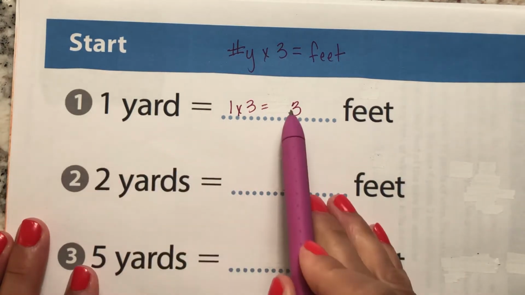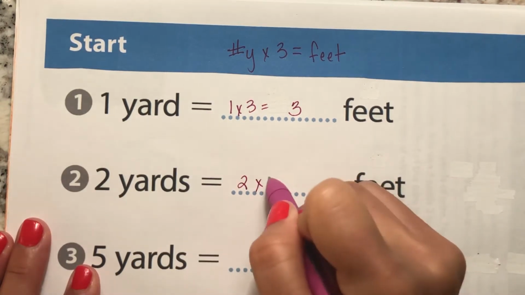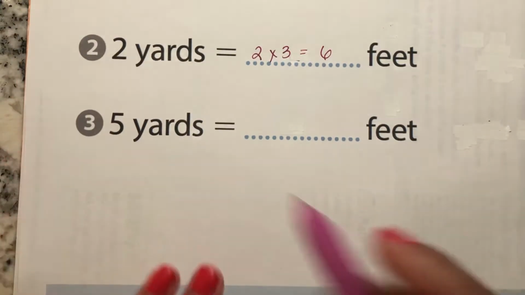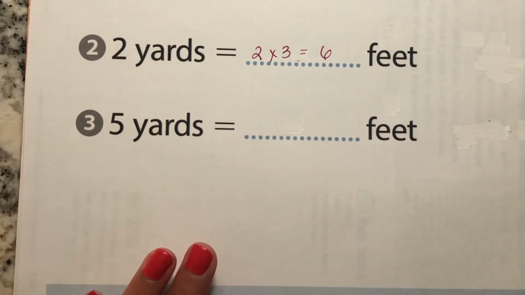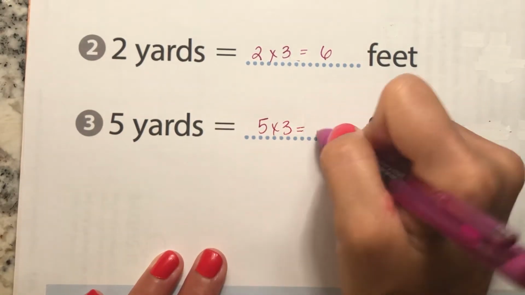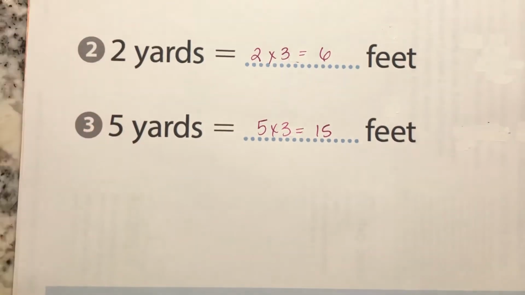So 1 yard is 3 feet. Now I have 2 yards, the number of yards times 3, and that gives me 6 feet. And here I have 5 yards, and we just simply use our formula, 5 times 3, to get 15 feet. So we're going to be converting from yards to feet in our first session today.